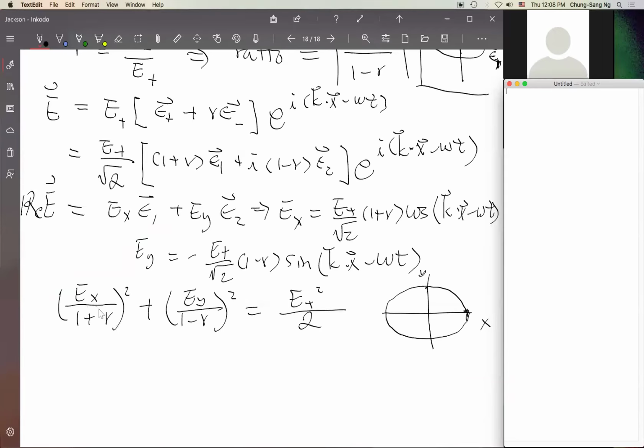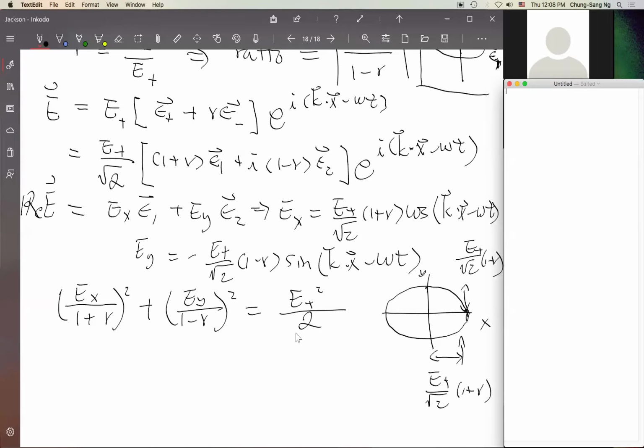So Ex in this case is 1 plus R times this Ex. So this location is E plus over square root of 2 times 1 plus R. Okay, and this is this distance. And this distance is likewise E plus over square root of 2, 1 minus R.